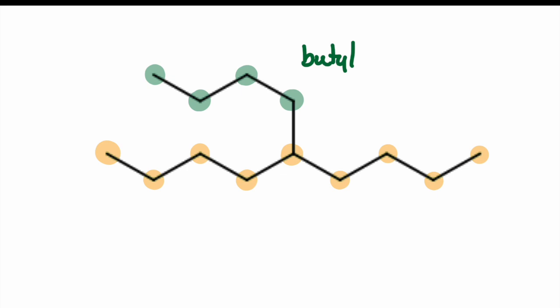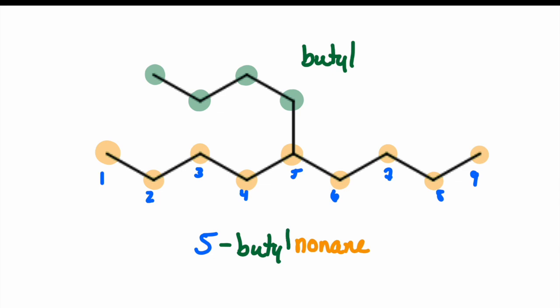So my parent chain with my 9 carbons is a nonane parent chain. I've got this butyl group, and now we have to number our parent chain: 1, 2, 3, 4, 5, 6, 7, 8, 9. So 5-butylnonane. Again, all run together, all one word.